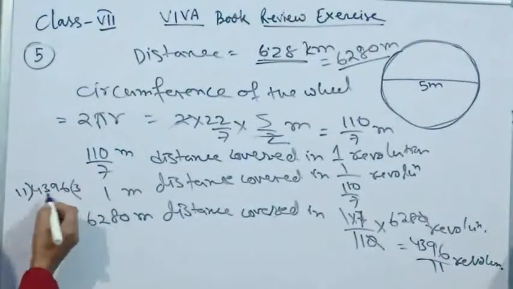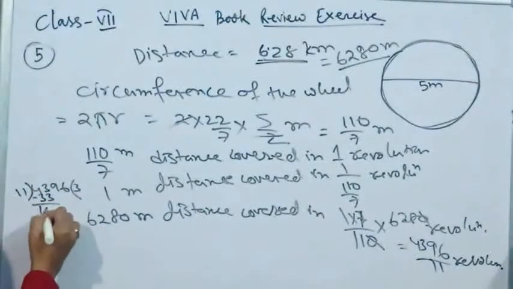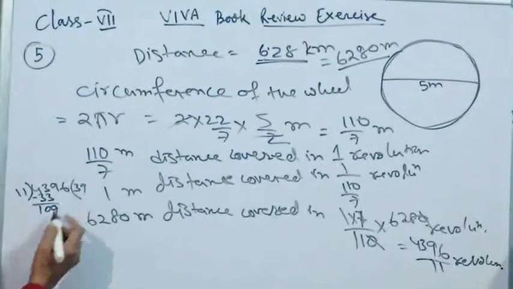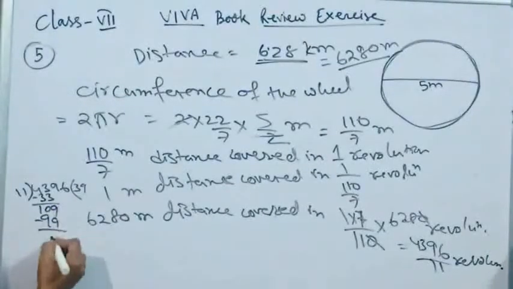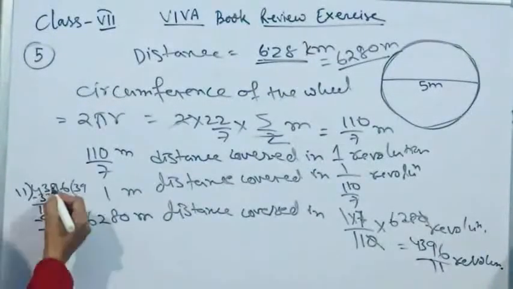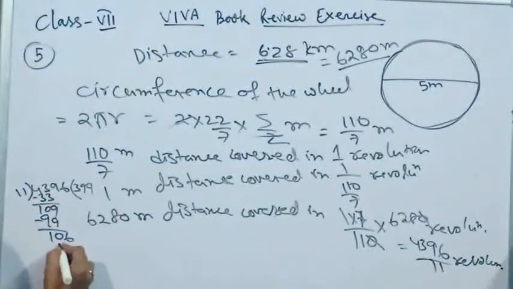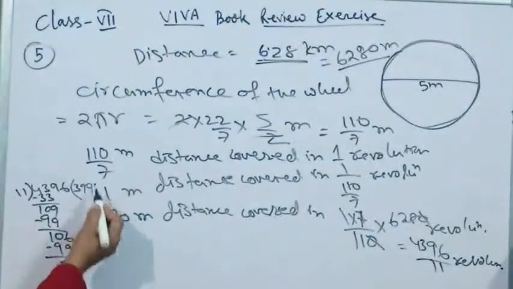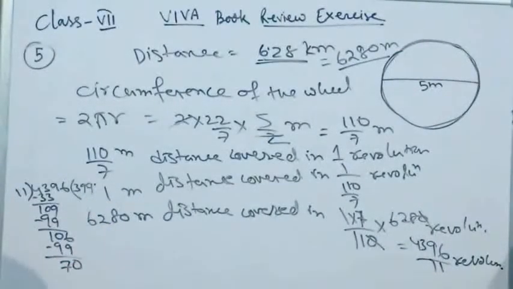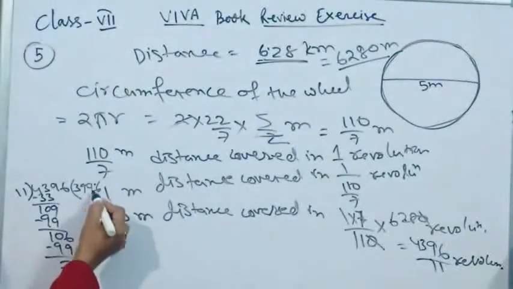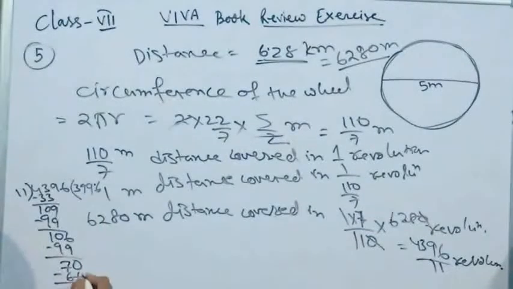So 11 by 3 is 33, so it is coming 10, then 9. I can go for 9 so that I am getting 99. Again it is coming 10. Here it is coming 6. Again I will go for 9. So again 99. So what is remaining? 7. So let's put a decimal. If I am taking a 0, that means I can go for 6, so that it's coming 66.